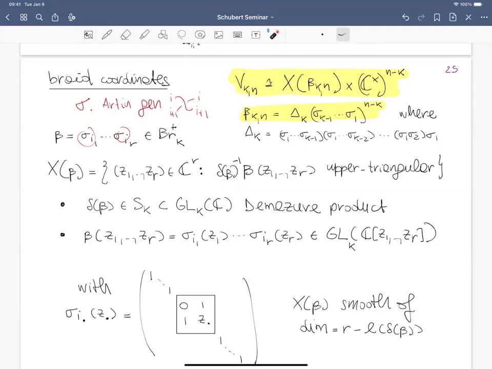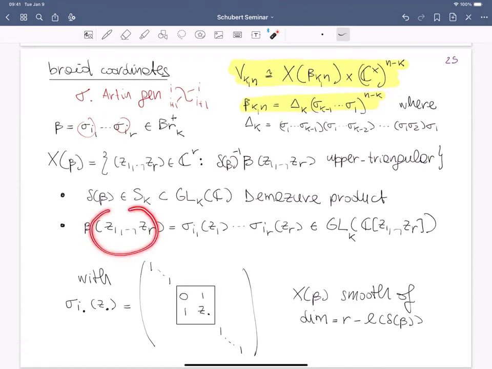If it increases the length, then take their product, and so on. That's called the Demazure product. It gives you some permutation in Sk, and you can think of Sk as a subgroup of GLk by identifying permutations with permutation matrices.